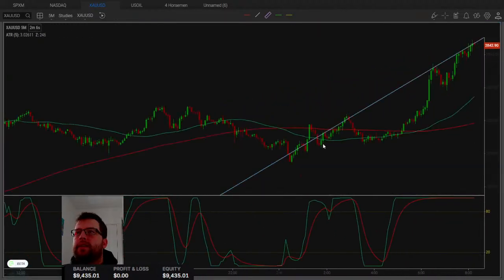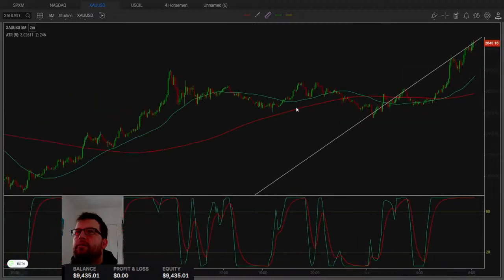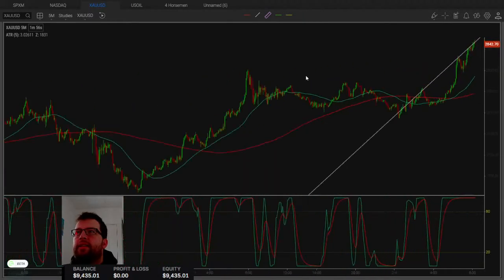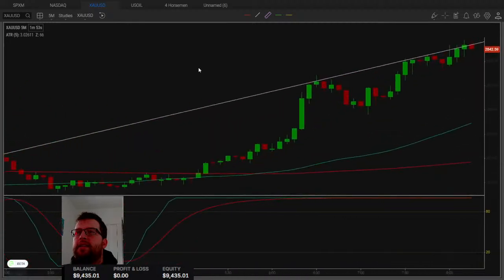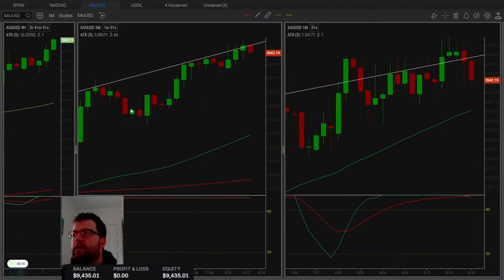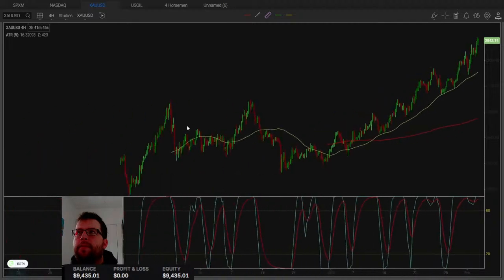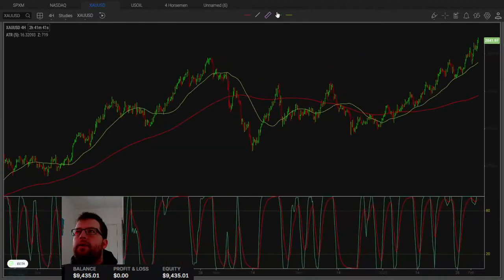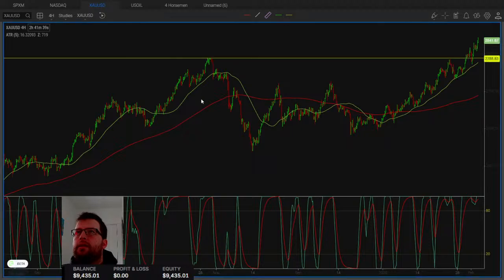Let's see. Oh, hey, that's interesting. Look at that. Didn't even see that. Are we making higher highs here? Let's look at our 4-hour chart. Yeah, we are looking at higher highs.